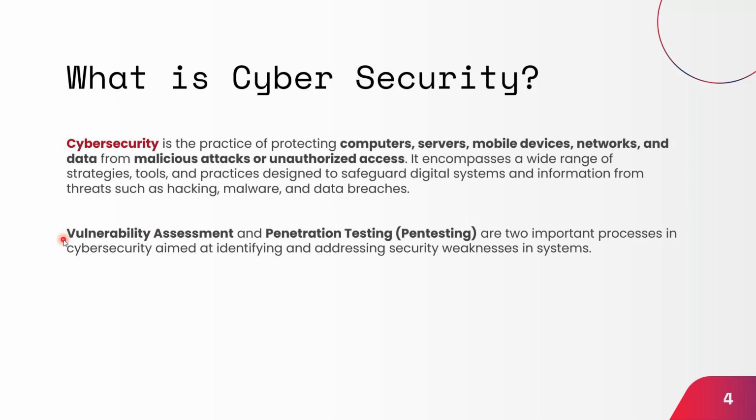The weakness could be anywhere in the system or network, or in the hardware or software. As part of the vulnerability assessment process, we identify those weaknesses which can be exploited by hackers to break into the system.